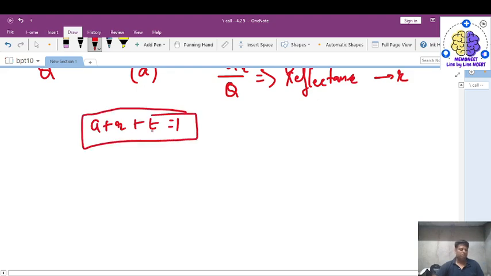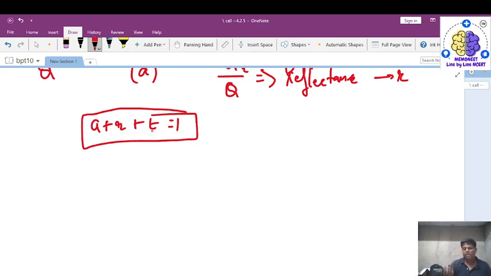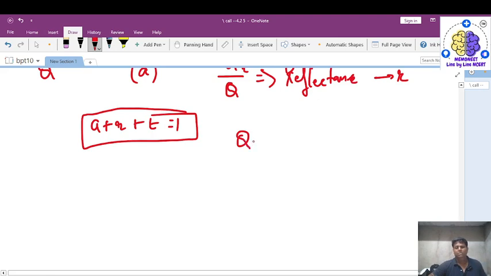So for a body to which heat is being supplied by the mode of radiation, some amount of heat will be absorbed, some amount will be reflected, and some amount will be transmitted, right? The sum of all these heats will be equal to the total heat supplied.